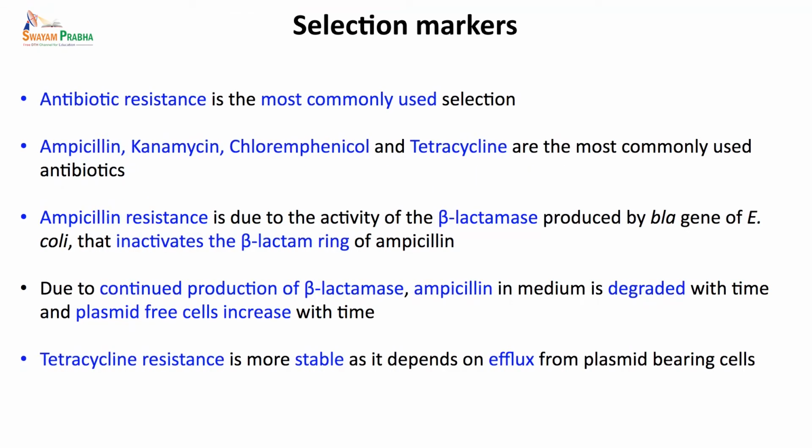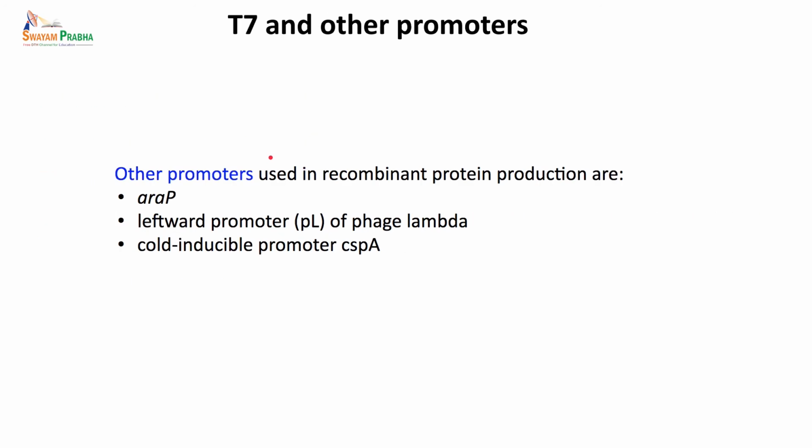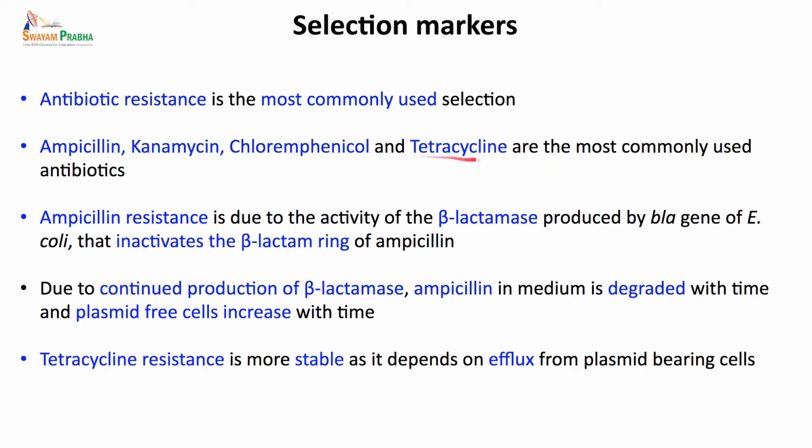So after this, the third consideration is the selection marker. Which selection marker to use? Very common is to use the antibiotic resistance markers, as we have discussed before. Ampicillin and kanamycin are much more popular resistance markers, but many vectors will also use chloramphenicol and tetracycline.